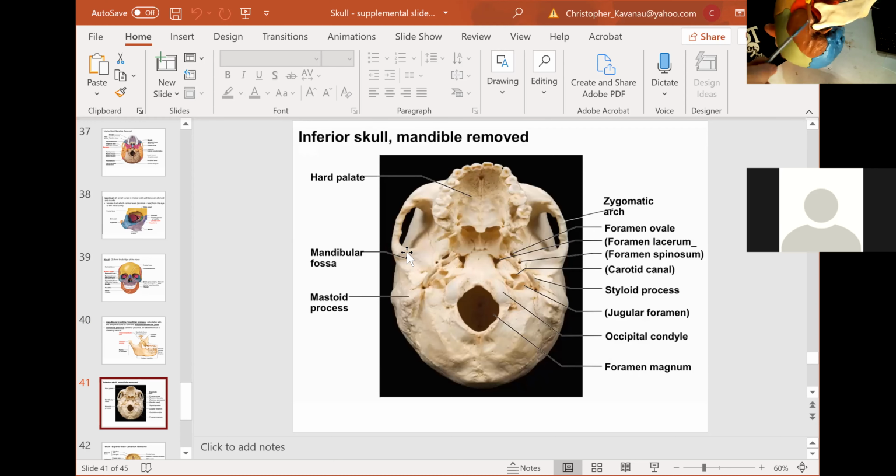Here's that coronoid process we just talked about, and that's the mandibular condyle here. You see in the temporal bone it fits in a little niche, the mandibular fossa. So this forms a joint that allows you to move your jaw, to eat and talk.